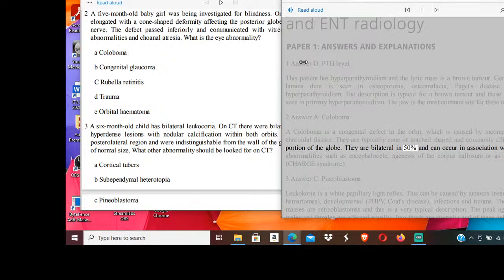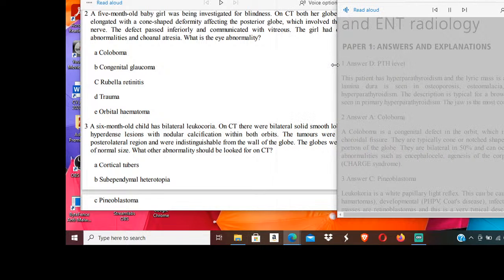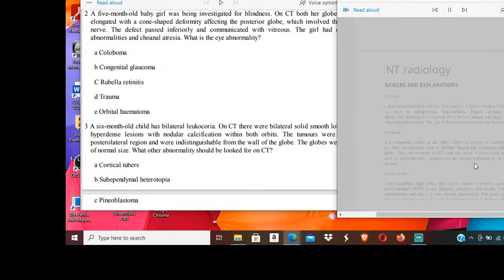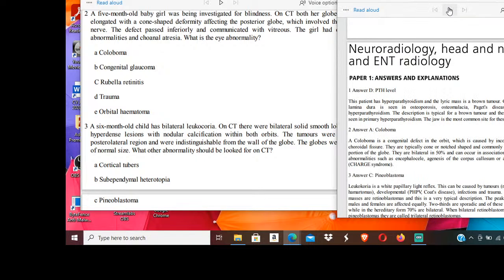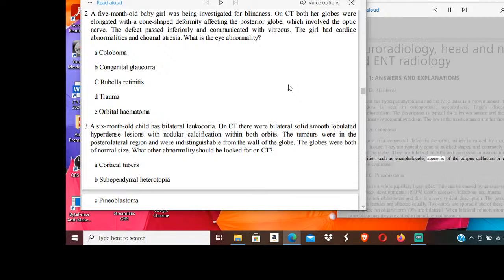They are bilateral in 50% and can occur in association with other congenital abnormalities, such as encephalocele, agenesis of the corpus callosum, or as part of a syndrome, CHARGE syndrome.